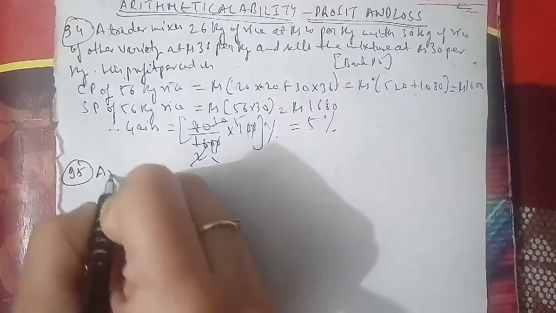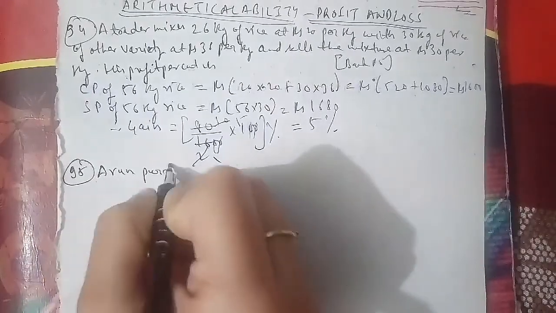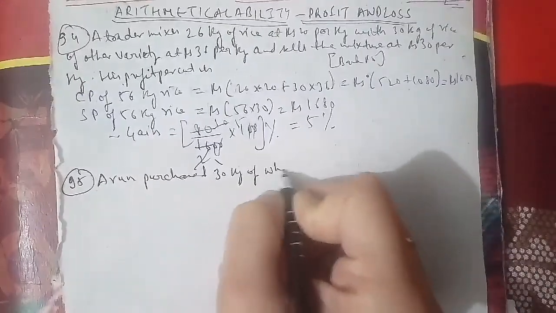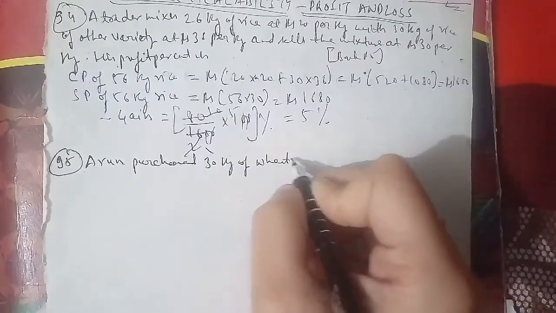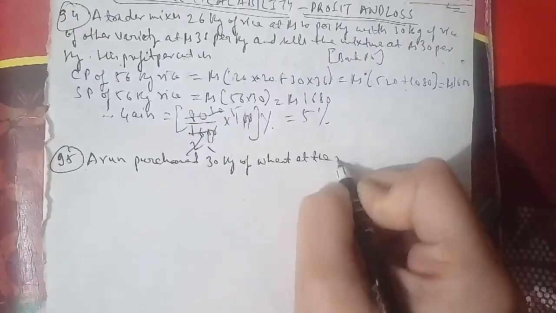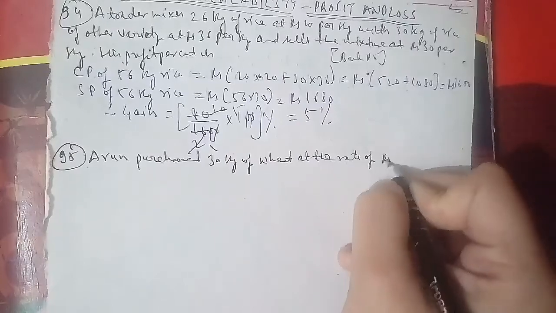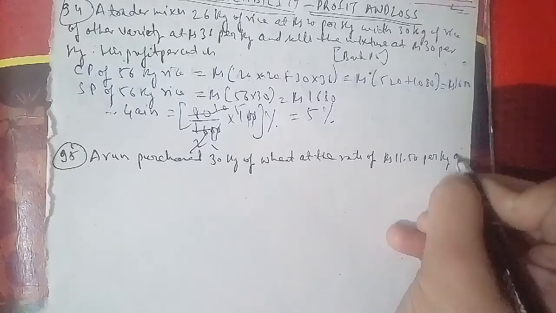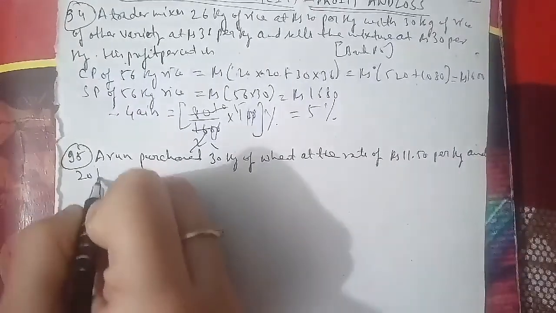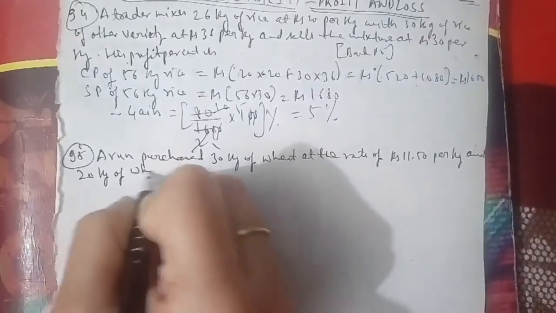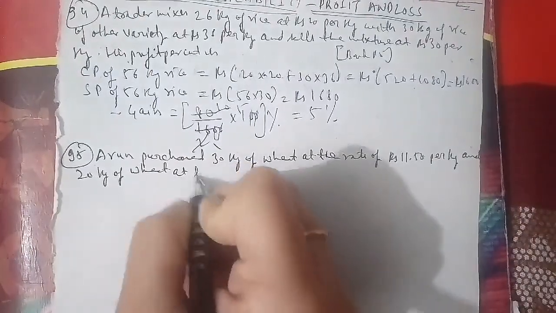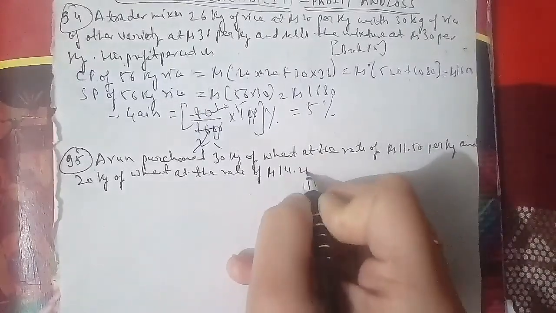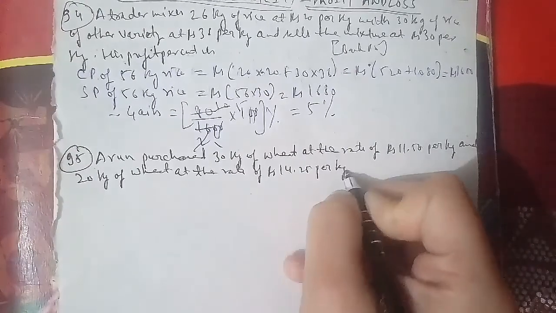The question is, Arun purchased 30 kg of wheat at the rate of rupees 11.50 per kg and 20 kg of wheat at the rate of rupees 14.25 per kg.